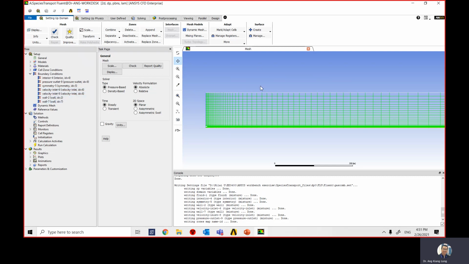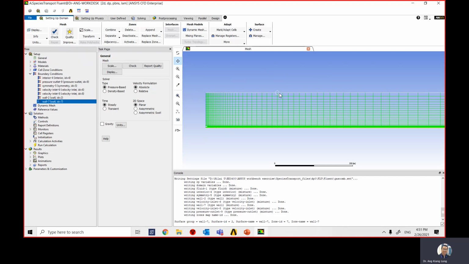You can go to this window and right click, and you will see the information come out in the console. For example, this location is ID number 2. If you refer to the boundary conditions, ID number 2 is wall 2. We are going to do the setup later on.